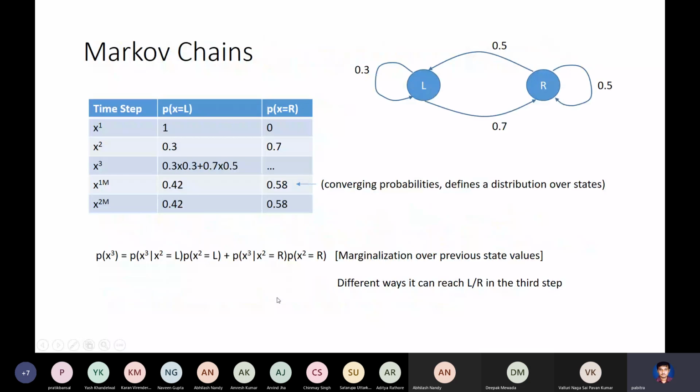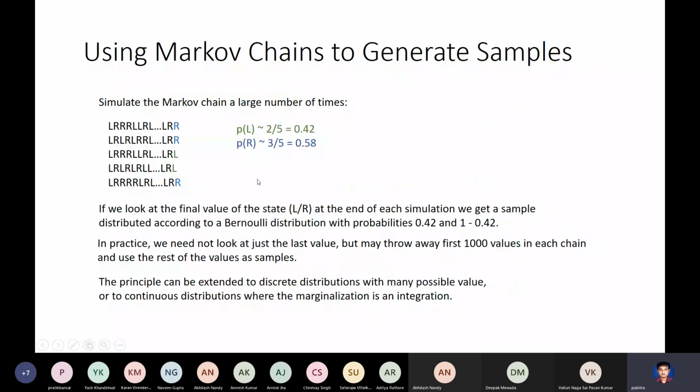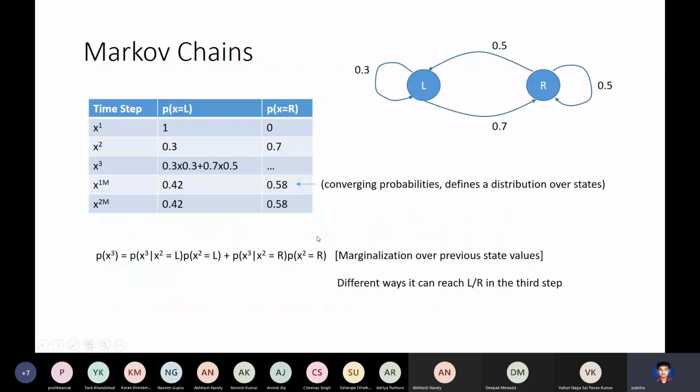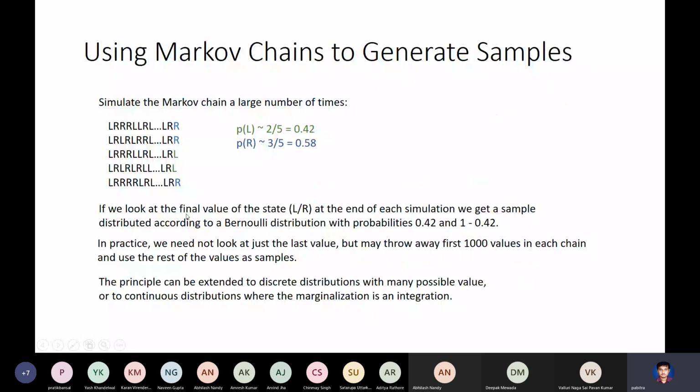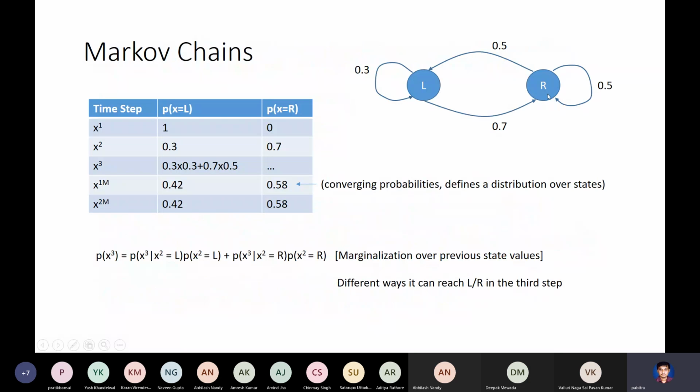So if you simulate this Markov chain for long enough, and then throw away the first, say, 1,000 samples in this chain, and look at the states of the chain thereafter, you get as if samples drawn from this distribution.